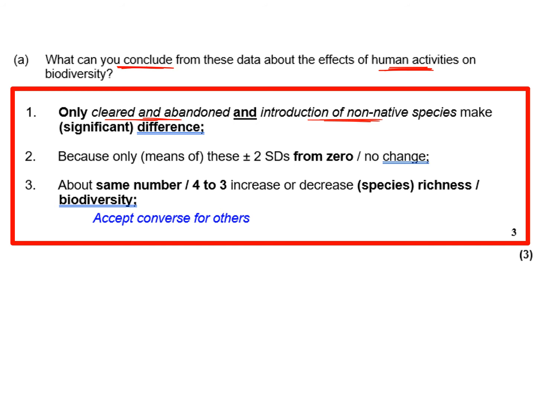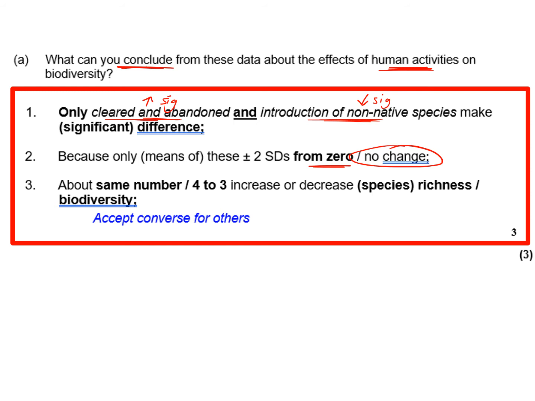So for the first one, there's a significant increase in the mean effect size, and for the non-native species, there's a significant decrease in the mean effect size. Because there's plus or minus 2 standard deviations either side of the mean value, and they don't overlap with the 0, the mean value must be more than 2 standard deviations away from the 0 mean value where there's no change.